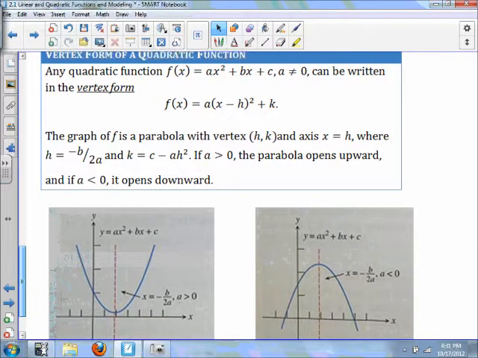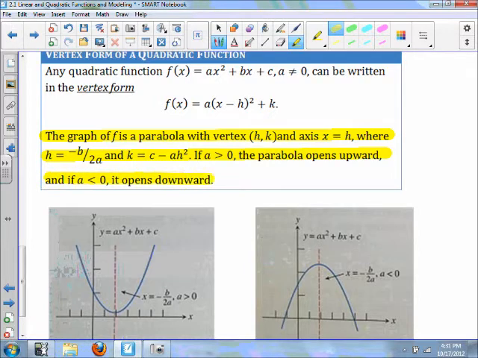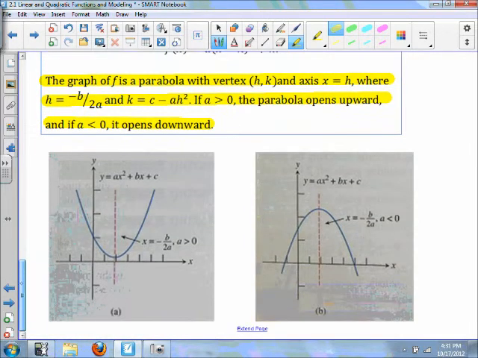The parts that I need you guys to remember are generally these. We're going to be using these formulas quite a bit. And again, what we have below here is pictures of the parabola shifted left and right, up and down.